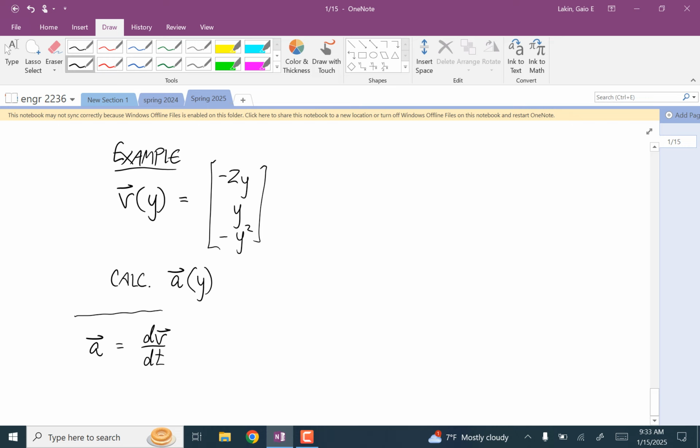Okay, so instead we're going to do it as dv dy times dy dt. And this is dv dy times the y component of the velocity based on the definition of the velocity.